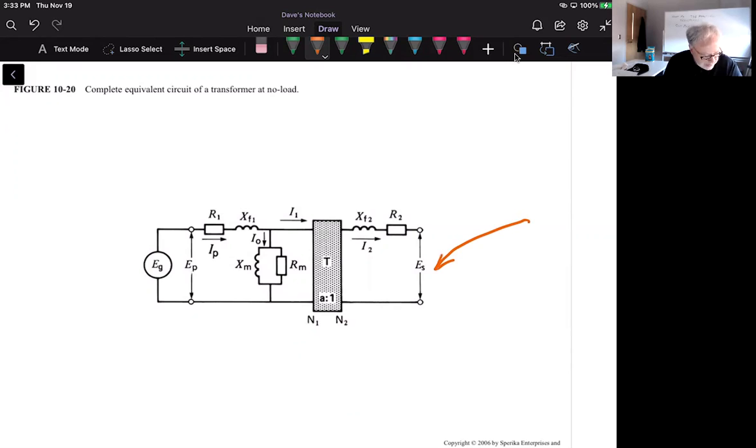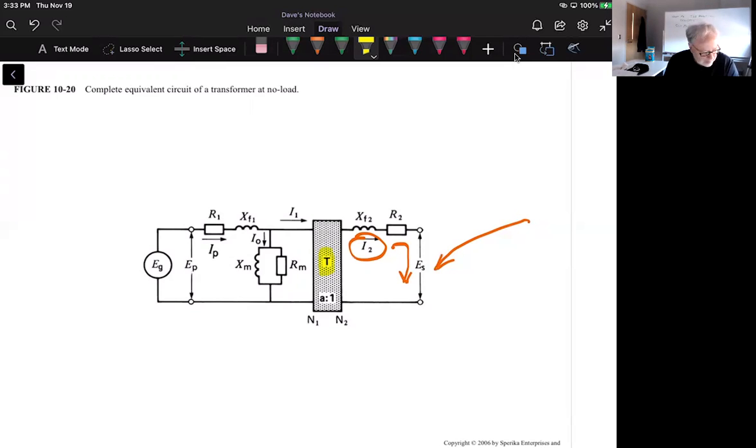Okay, so at no load, I2 is 0. There's no current flowing here. There's no load for it to flow through. And I sub 1 is also 0, because we're saying that this is an ideal transformer. So if that's an ideal transformer, then there's no current needed to flow through it when it's not loaded, for all the reasons we talked about earlier.